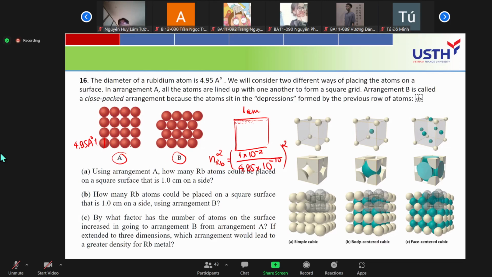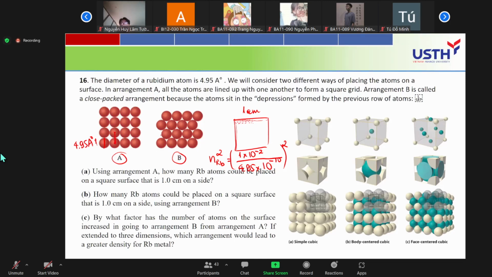In the first case, the distance between two layers will be the same as the diameter of the rubidium atoms.